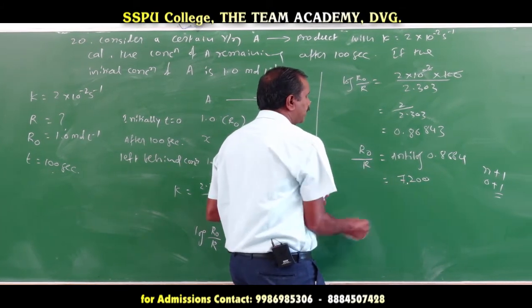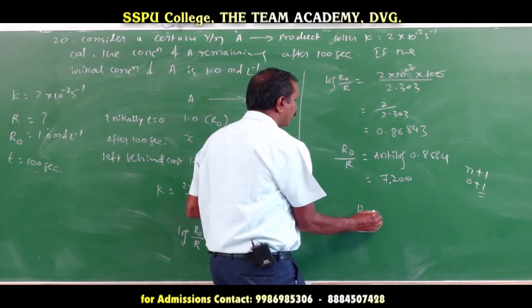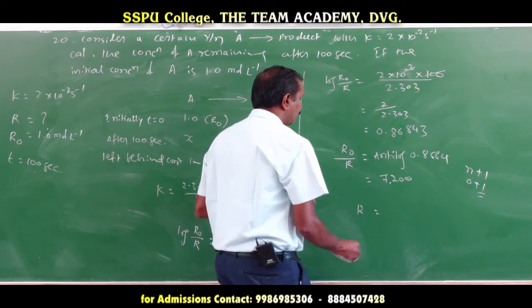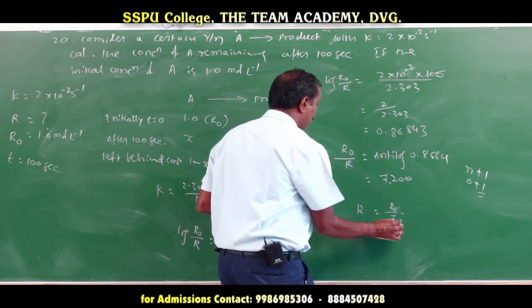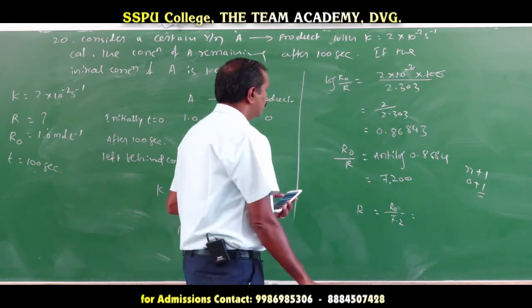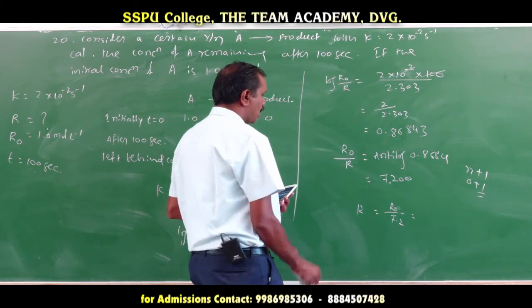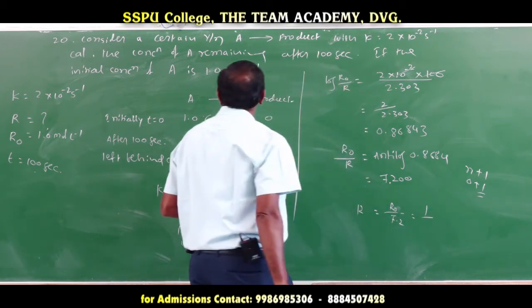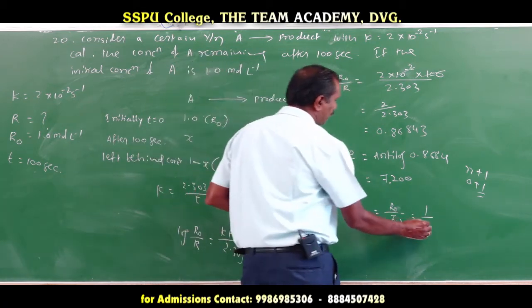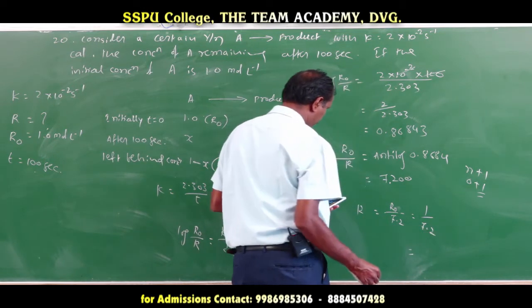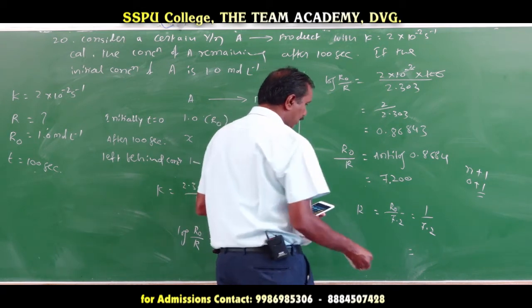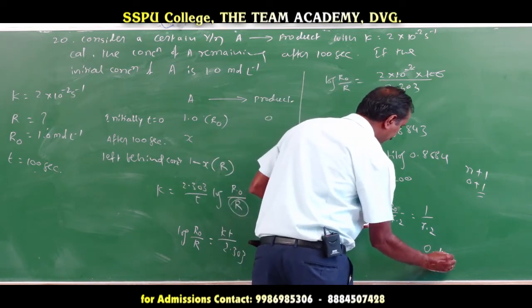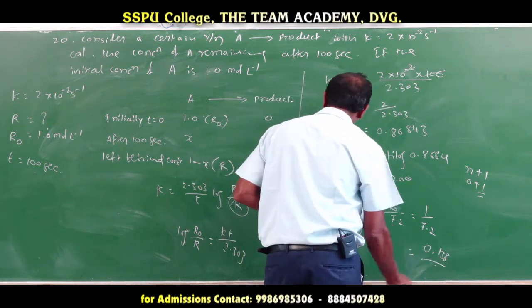So R naught by R is 7.2, and R equals R naught by 7.2. R naught is 1, divided by 7.2, which gives 0.138.